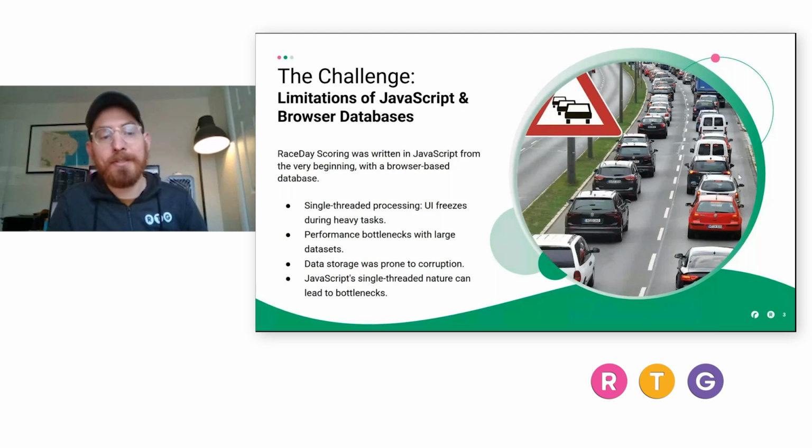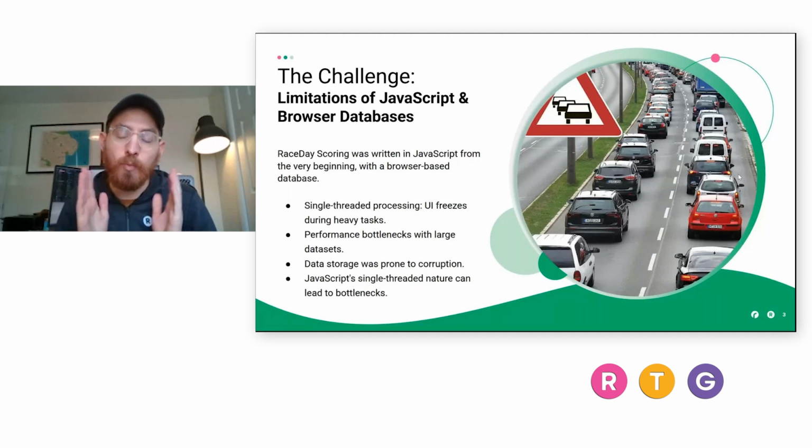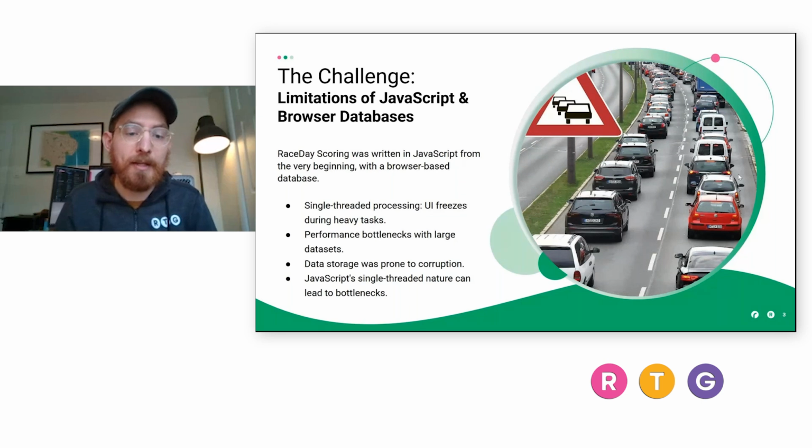The issue with this was basically things are single-threaded, and what that means is it's like traffic. If there's one road and every process that happens has to get completed one by one, and if anybody's waiting in the back of the line, they have to wait in order for their process to be completed.